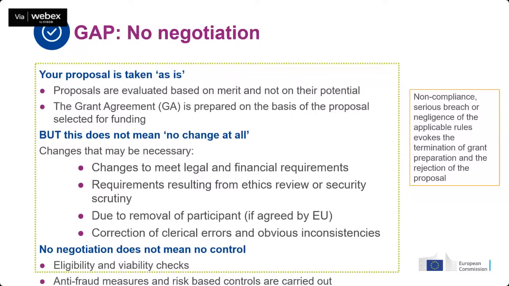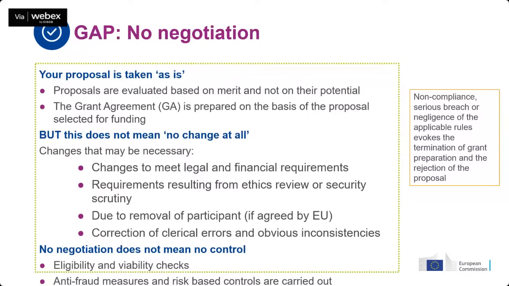In principle, this means that you don't need to make changes to the subject of the action, but it doesn't mean that no changes at all will happen. For example, there may be changes due to legal or financial requirements, such as if the status of a beneficiary as public or not public changes during the validation, or any other parameter that could have an impact on the funding that this beneficiary will receive.